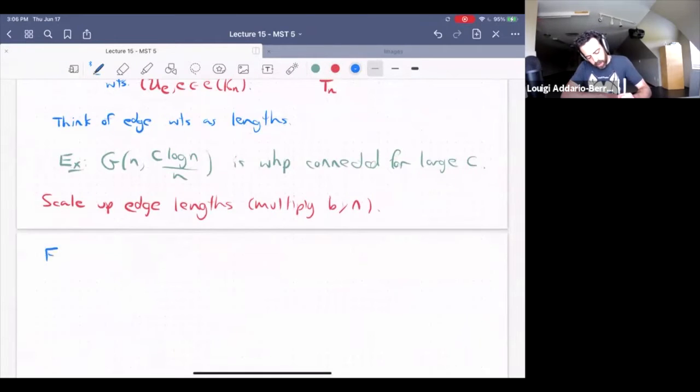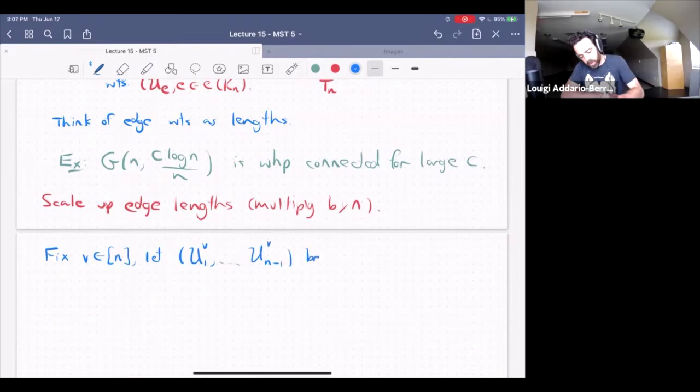We'll fix some vertex whose local structure we want to examine, and list the local edge weights in increasing order. These are the edge weights incident to v in increasing order.